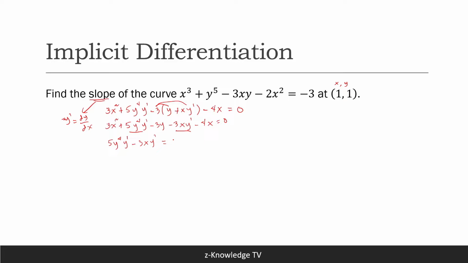So, mangyayari is 4x plus 3y minus 3x squared. Okay? Then, factor out natin yung y prime. So, magiging 5y raised to 4 minus 3x is equal to 4x plus 3y minus 3x squared. Then, divide both sides natin by 5y raised to 4 minus 3x.